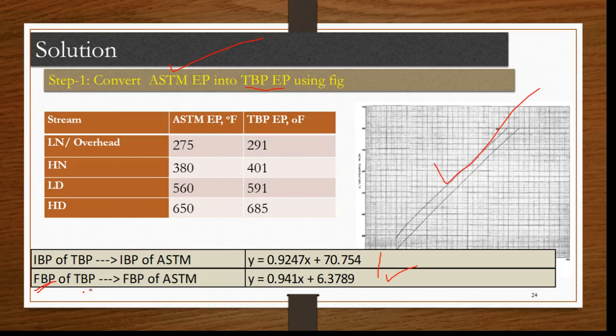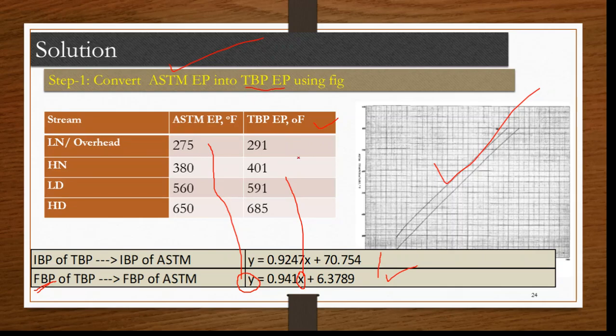With the help of equation number 2 we can find out the TBP endpoint. Here y is the ASTM and x is the TBP. You have to rearrange this equation to find the x value for the given y value. So this is the first thing.